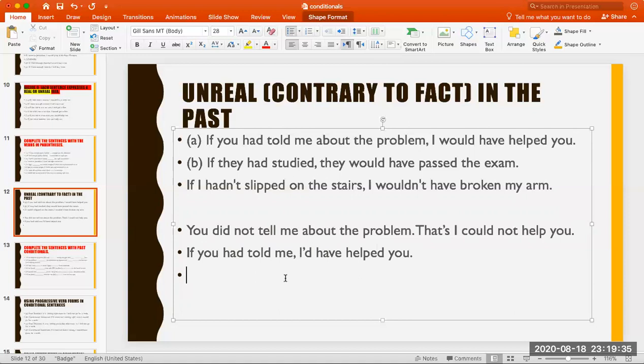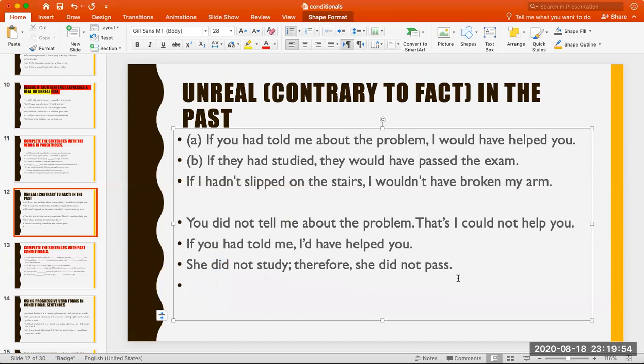So, for example, the sentence, she didn't study, therefore she didn't pass. So look at the tense. If the tense is in the past, always use conditional if number 3: the past perfect, would, the present perfect.